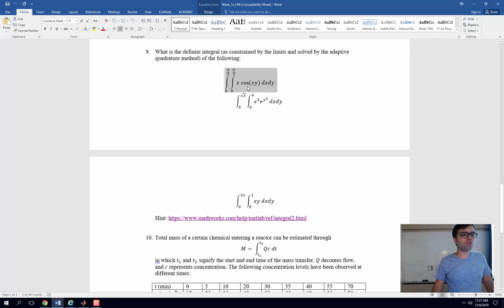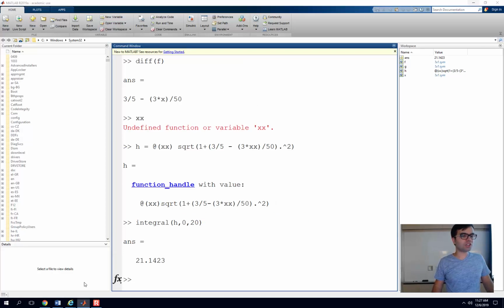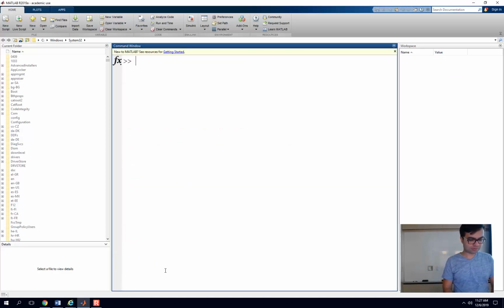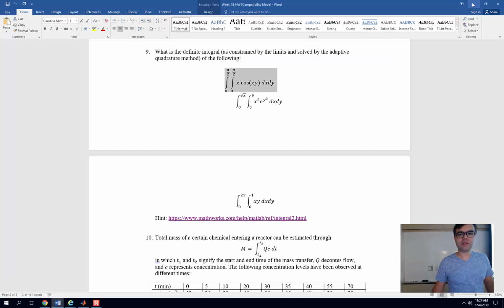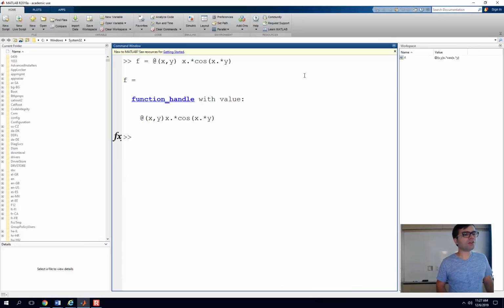So if I want to solve this one, I have to define my function. My function is now a function of both x and y. F at sign x comma y, x dot times cosine of x dot times y. Is that the function? Yes. So that's my function now.